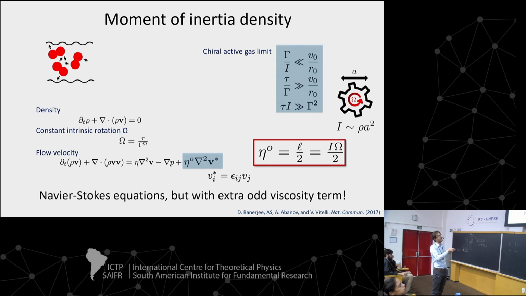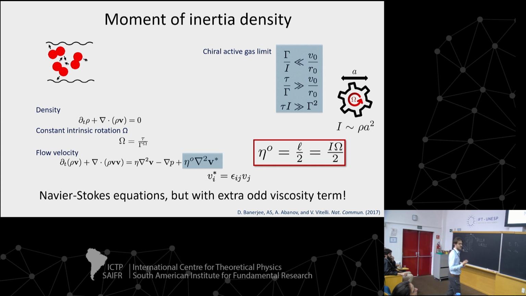So the proportionality constant between the intrinsic rotation rate and the odd viscosity in this sort of heuristic model is precisely the moment of inertia of an individual particle. So this is the moment of inertia, and this is the angular momentum density, right? So the moment of inertia times the angular rotation rate.